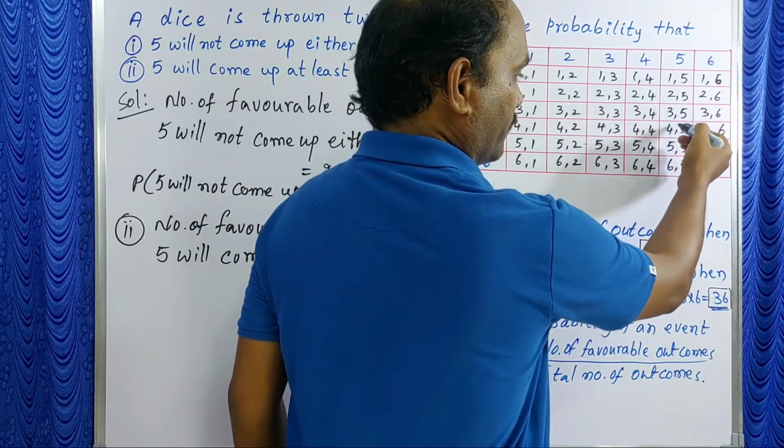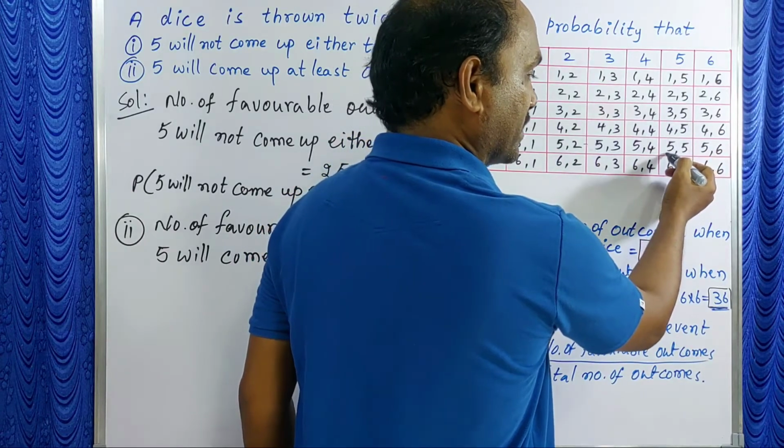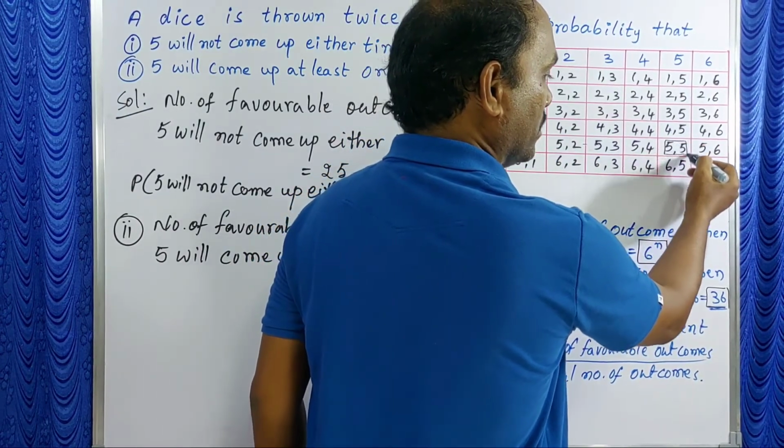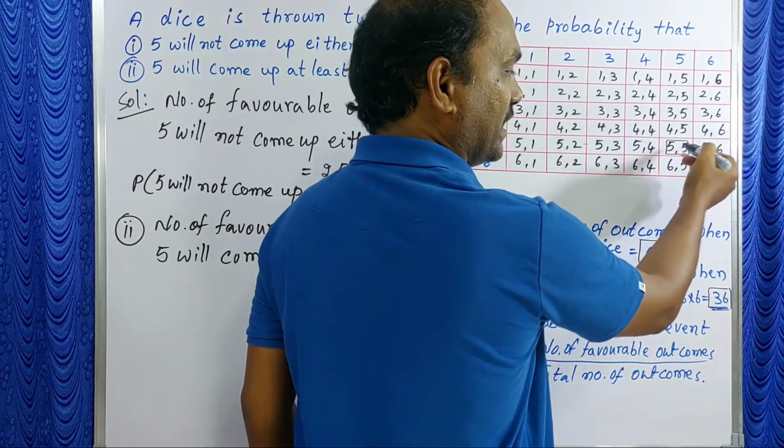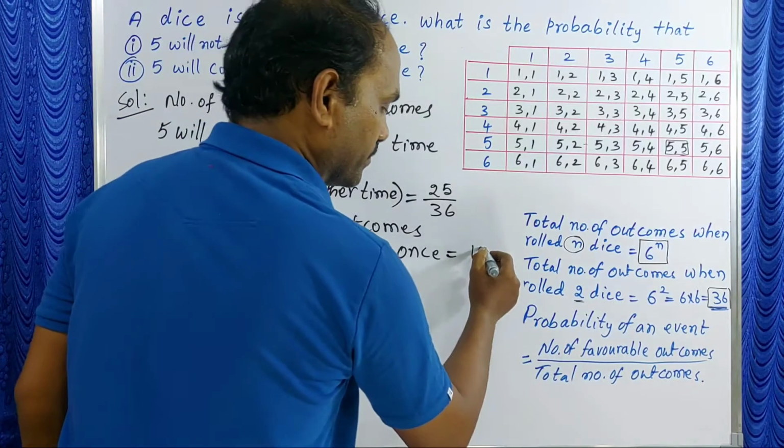So, 1, 2, 3, 4, 5, 6, 7, 8, 9, 10, 11. This one comes 2 times. So, here 6, here 6, 12. This one comes 2 times. So, 1 time remove, total 11.